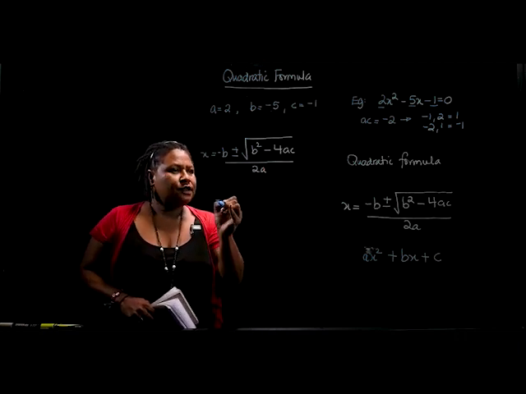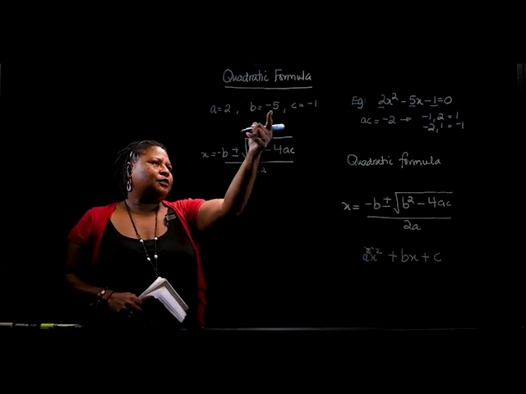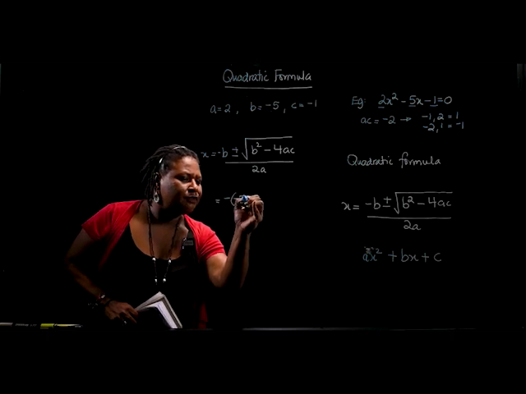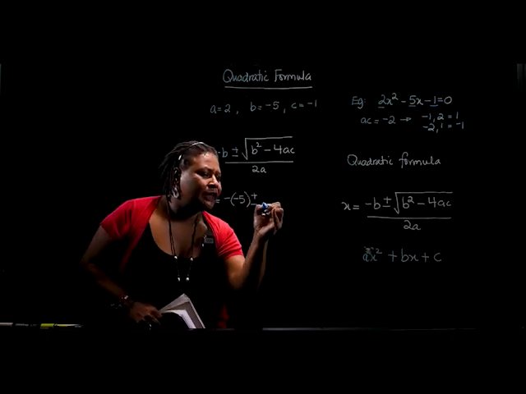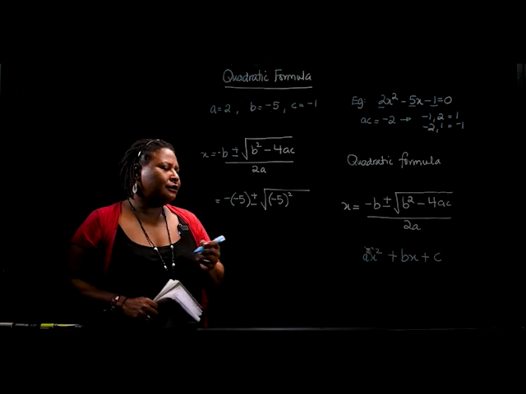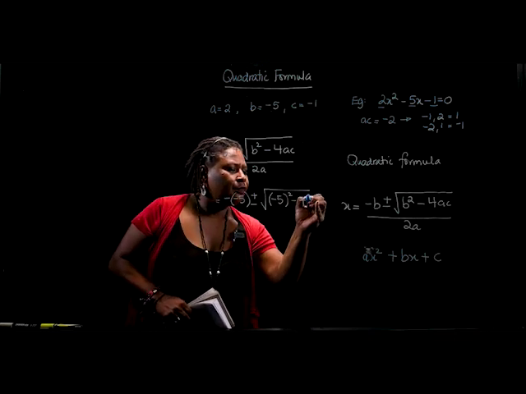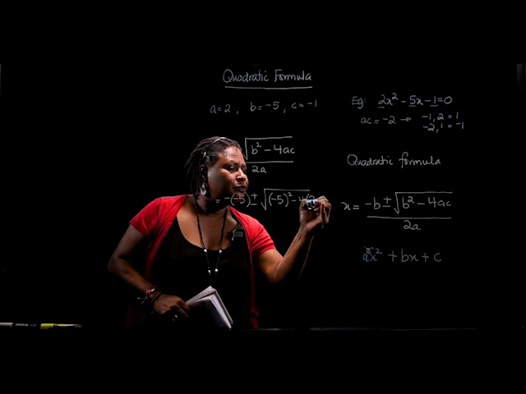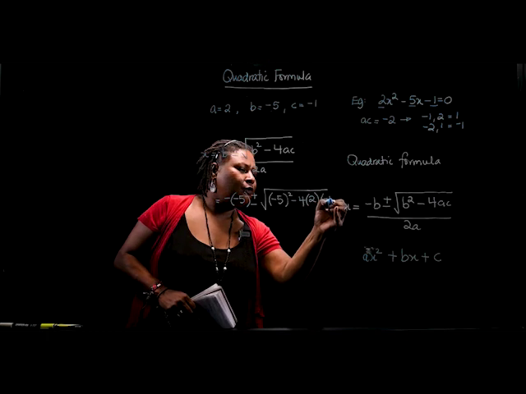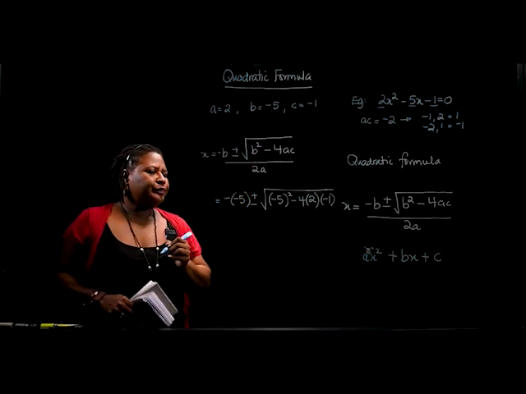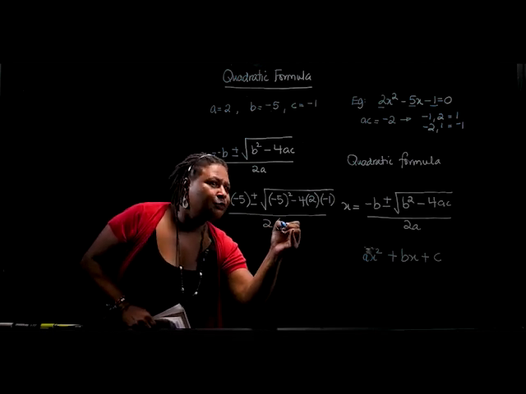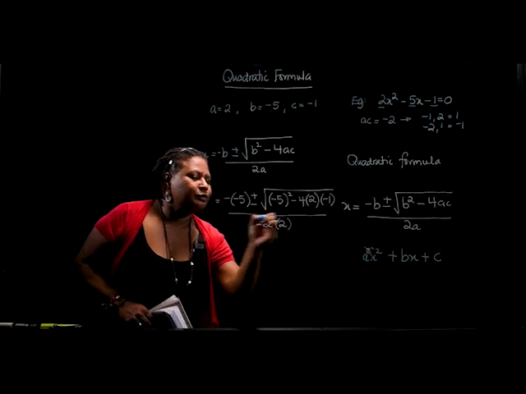Negative b: the negative sign remains outside, with negative 5 in brackets, plus or minus the square root of negative 5 squared, minus 4 times a, which is 2, and c, which is negative 1. It's all over 2 times a, which is positive 2.